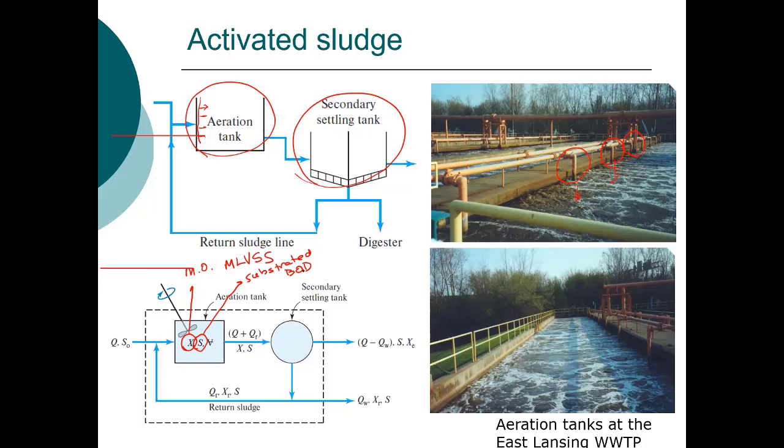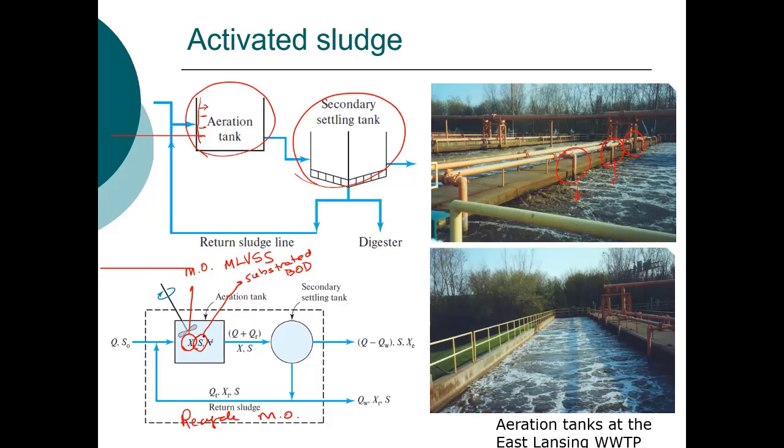Now, notice we have a return line here. What we're doing is we're recycling the microorganisms. These microorganisms are useful. So we need to keep and maintain those to maintain this high concentration. So what we'll do is the water from the aeration tank flows into a secondary tank.